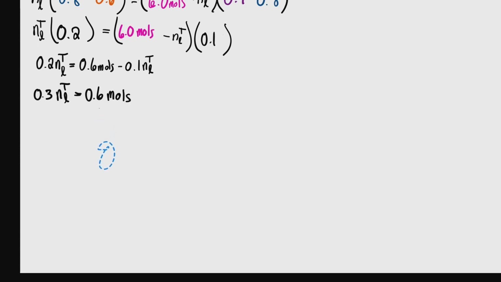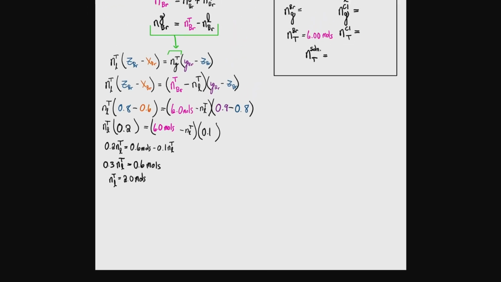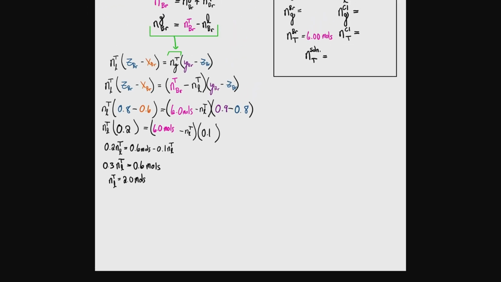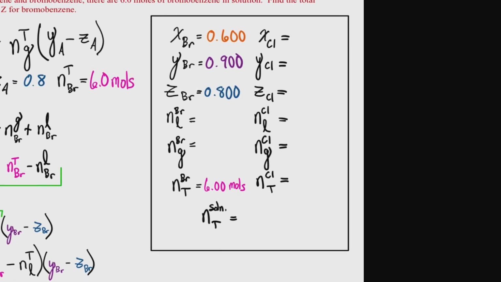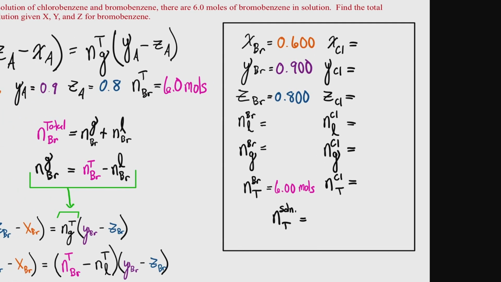Some algebraic manipulation, some rearranging, and we can solve for the total moles of bromobenzene in the liquid form, which is 2.0 moles. So we can go ahead up here into our little solution box, and we can reveal the answer.